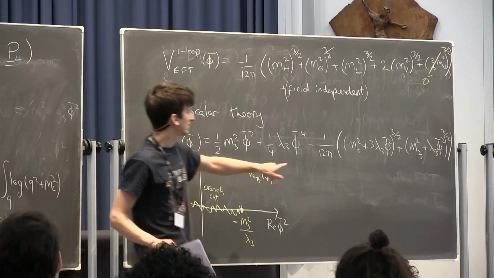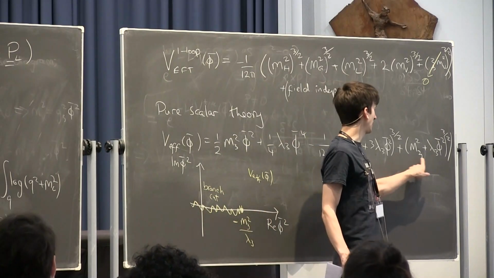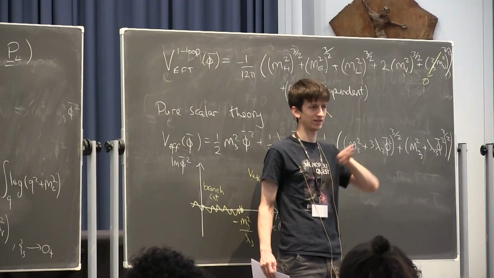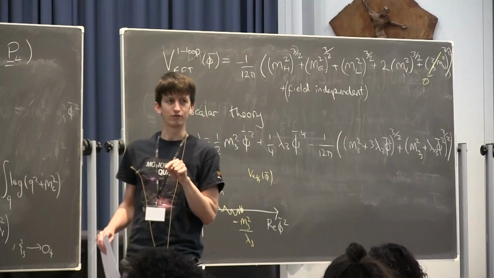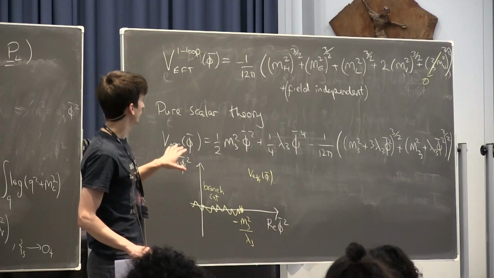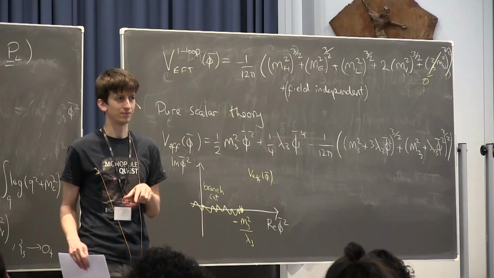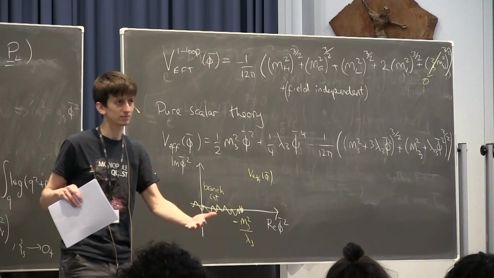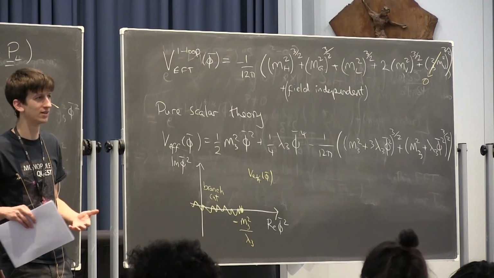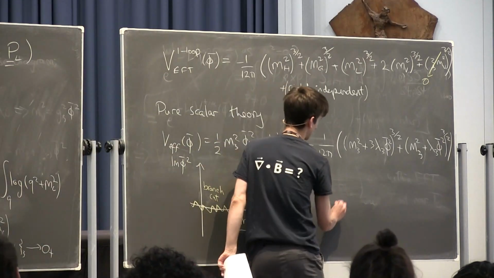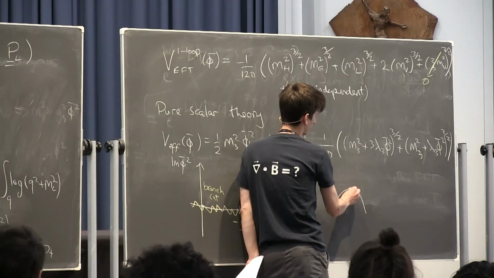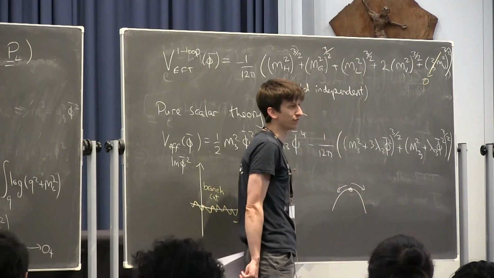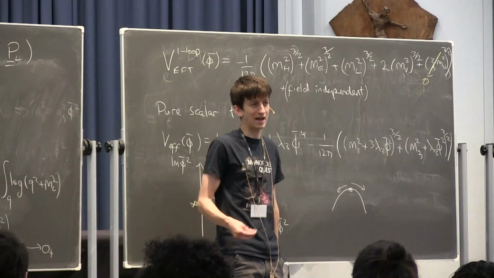Another way to think about that is, at those points, we have a mode with a tachyonic mass, a negative mass squared. And I'm asking for the correction from fluctuations in the tachyonic direction to the background energy. And this just isn't a good question to ask. If I have a potential which looks like this, and I start at the top, and I ask, what's the contribution to the energy of fluctuations around that maximum?